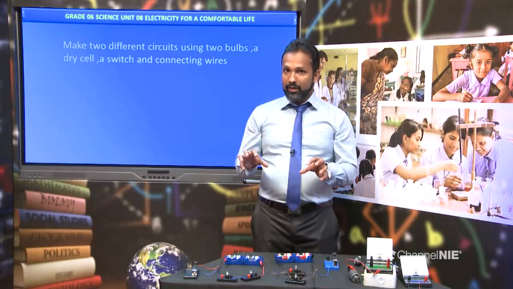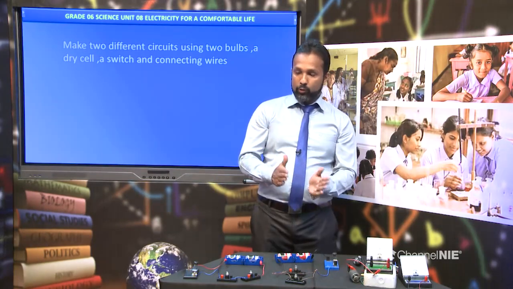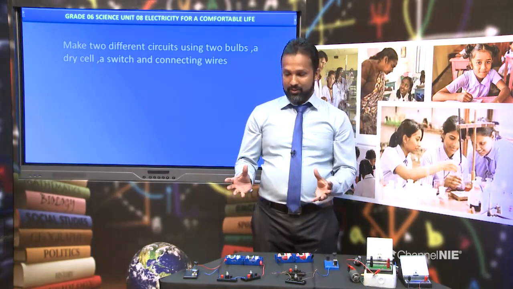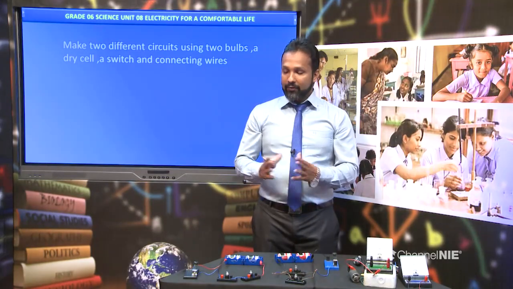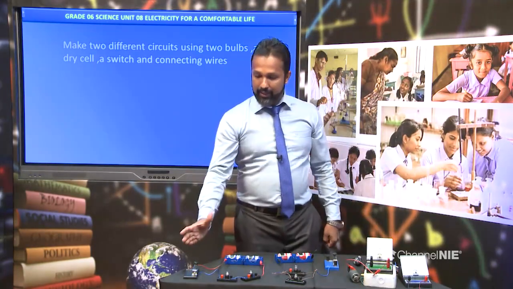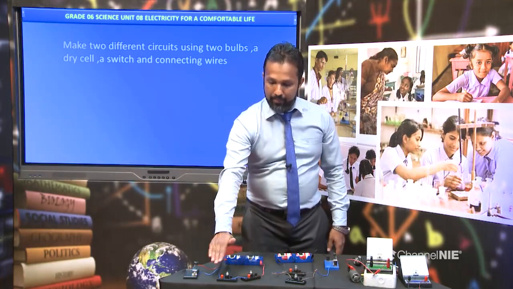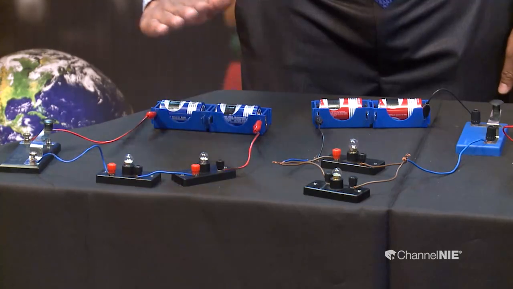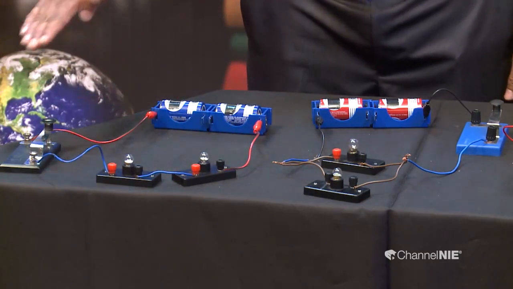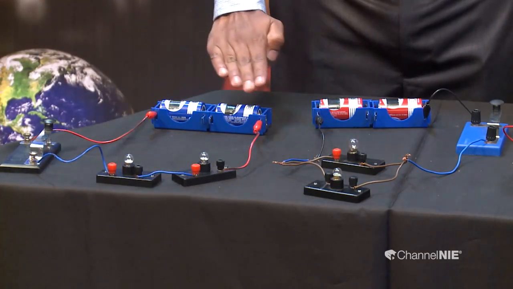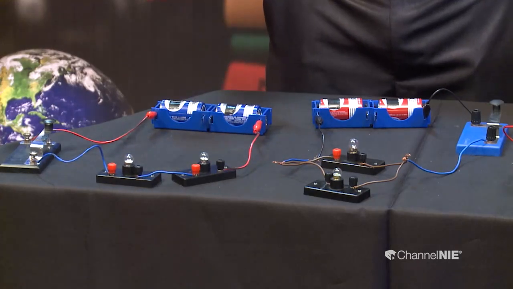Can you note the difference between these two circuits? Yes, you can identify the difference here. In the first circuit, I have used two bulbs in the same line, one bulb after the other, and a switch, connecting wire, battery. This is the first circuit.